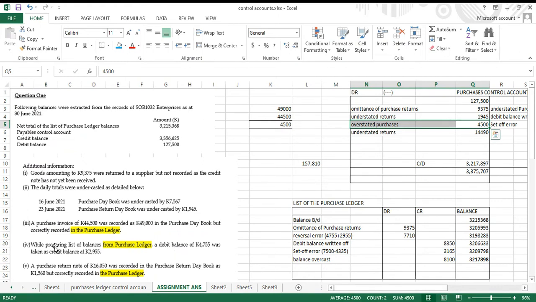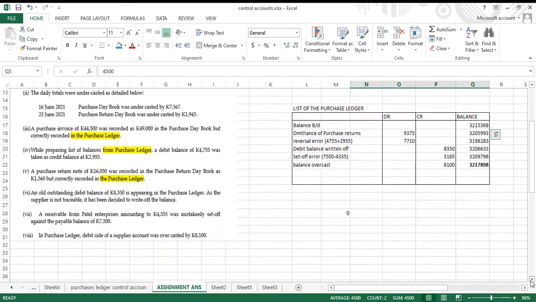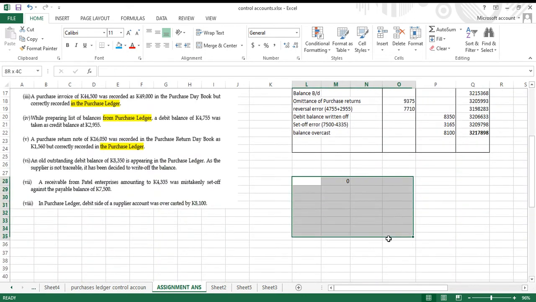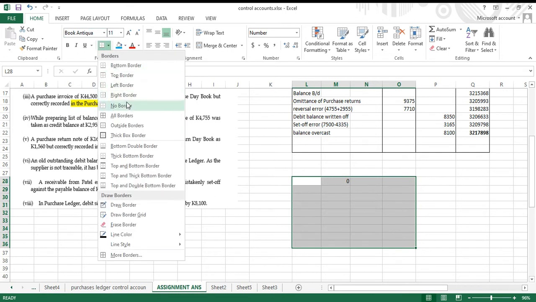We go to our next transaction. While preparing a list of balances from the purchases ledger, a debit balance of 4,755 was taken as a credit balance of 2,955. So let's take a practical example here.